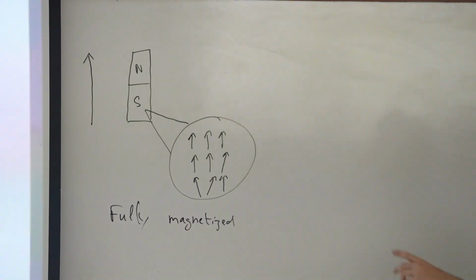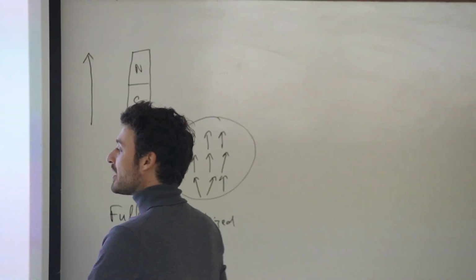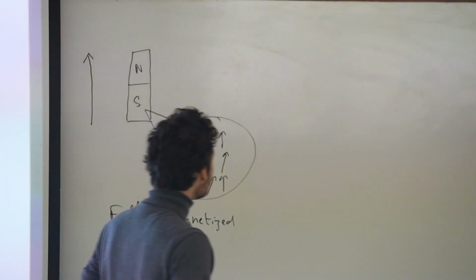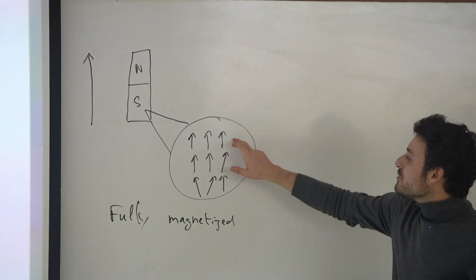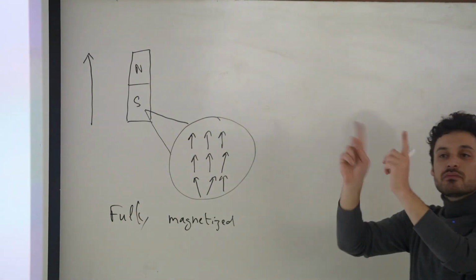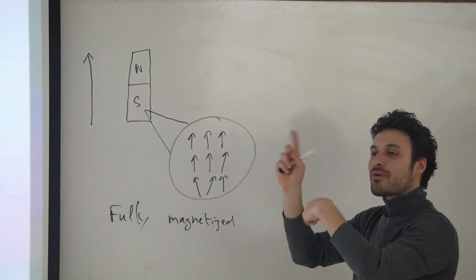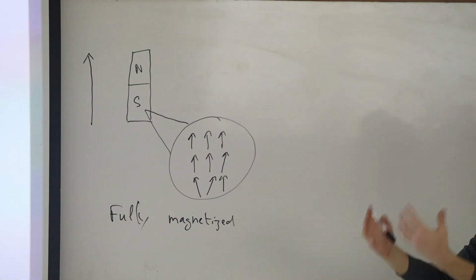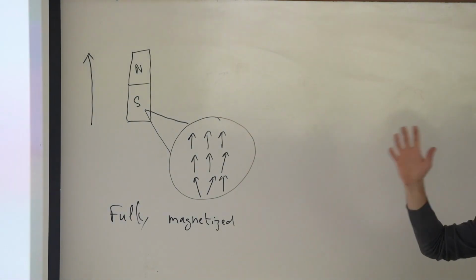On the other hand, when you've heated this thing way beyond its critical point, way beyond its Curie temperature, what's going to happen is that when you heat things up, they tend to move around randomly. And when everything starts moving around randomly, the stable configuration of the system is just going to be one that maximizes randomness.